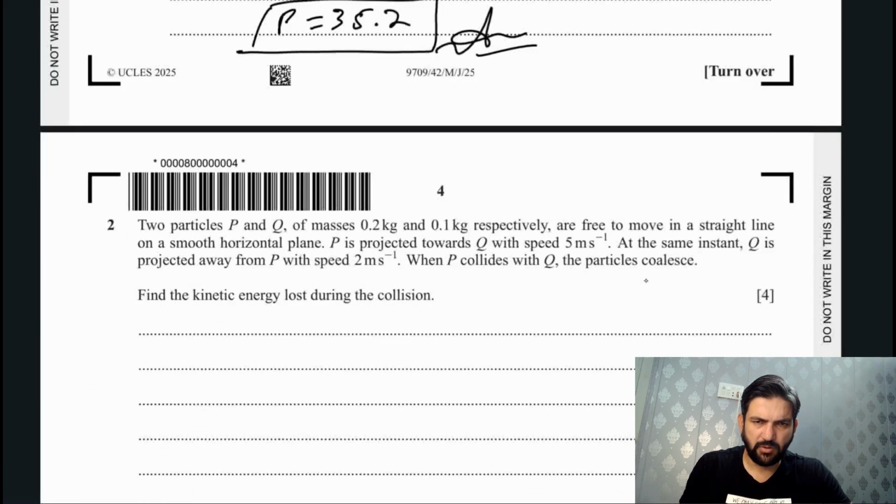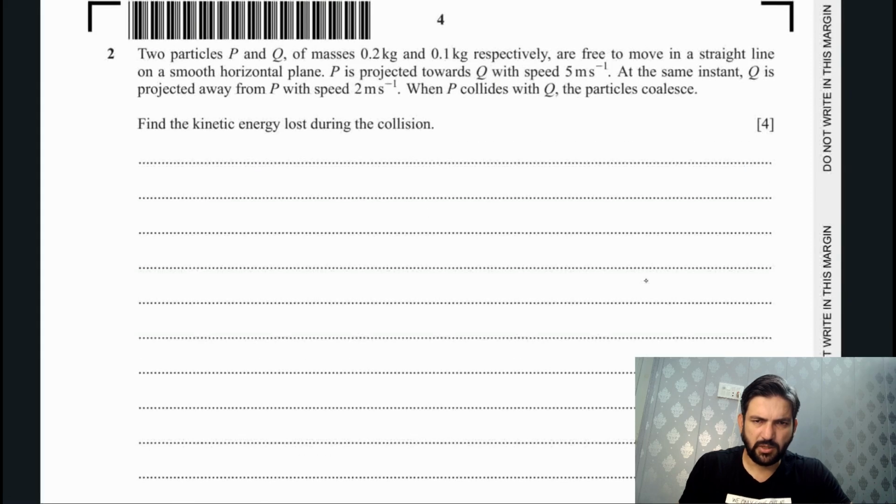Let's move to the next question, question number 2. In question number 2, they're saying that two particles P and Q of masses 0.2 kg and 0.1 kg respectively are free to move in a straight line on a smooth horizontal plane. P is projected towards Q with a speed of 5 meters per second. Let me write the situation over here.